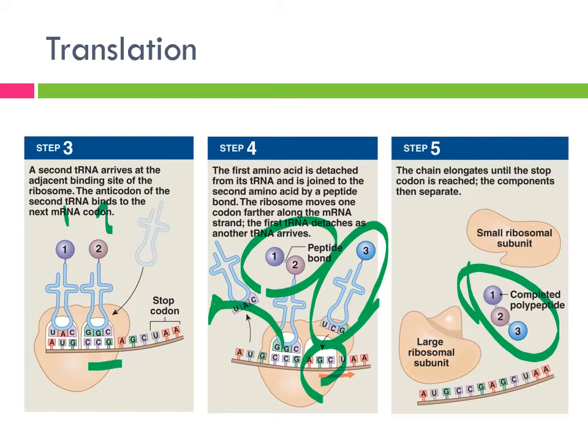Once the ribosome has worked down the entire messenger RNA chain, it will have assembled all of the amino acids required to create that one protein. Then the two ribosomal subunits are going to release from one another, and this polypeptide chain is going to be sent to the Golgi apparatus for processing.